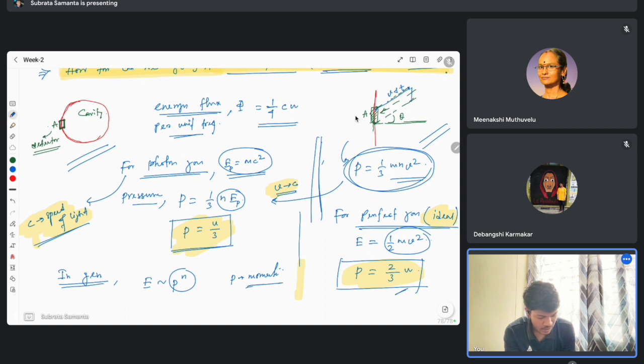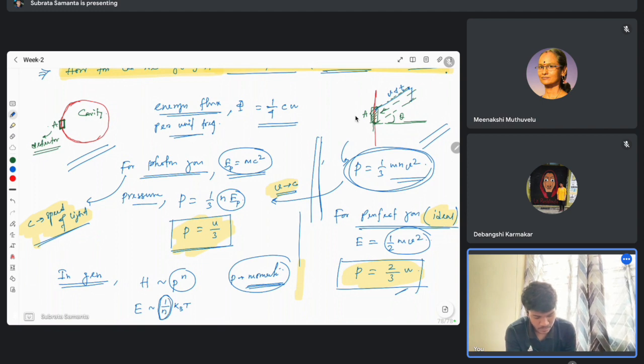So then, from the equipartition theorem, we know, let's say the Hamiltonian H is proportional to p to the power n. This p is a momentum, and from the equipartition theorem, we know that the energy E is 1 over n times kB T. So we are just focusing on this 1 over n factor.